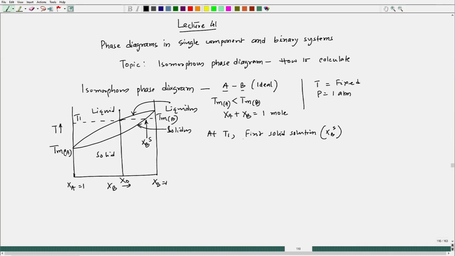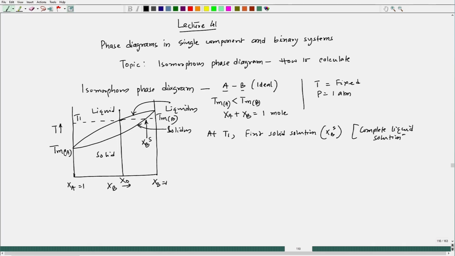We have seen that before. Most of it is liquid, only a very tiny bit of first solid solution would appear. We are starting from complete liquid solution, so that means we are cooling.